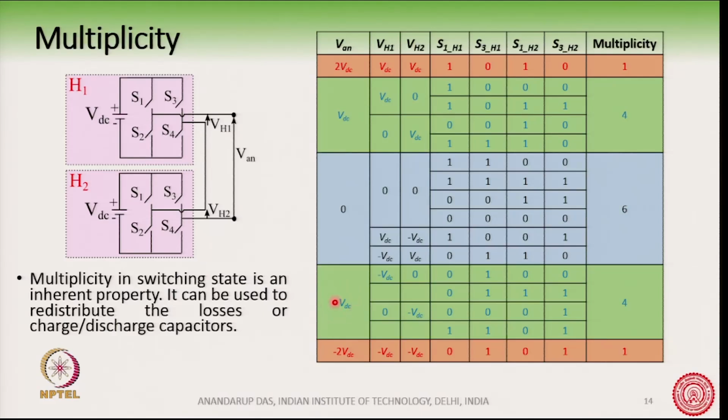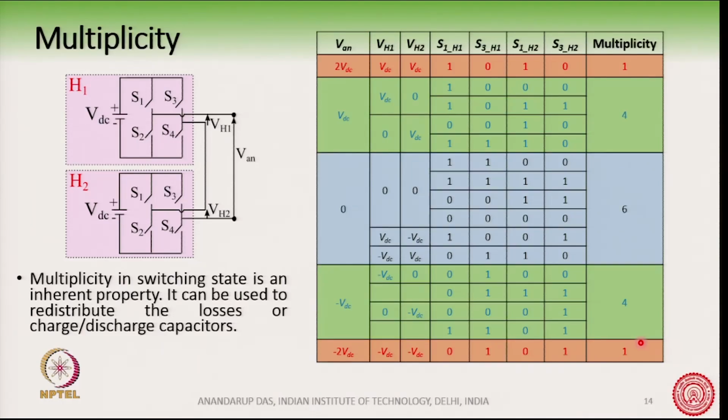When we have VAN equal to minus VDC, we have 4 multiplicities, and when we have VAN equal to minus 2 VDC, we have only one possibility. So we see that when we are going to a higher voltage, we have less multiplicity. When we are going towards 0 voltage, we have more multiplicities.